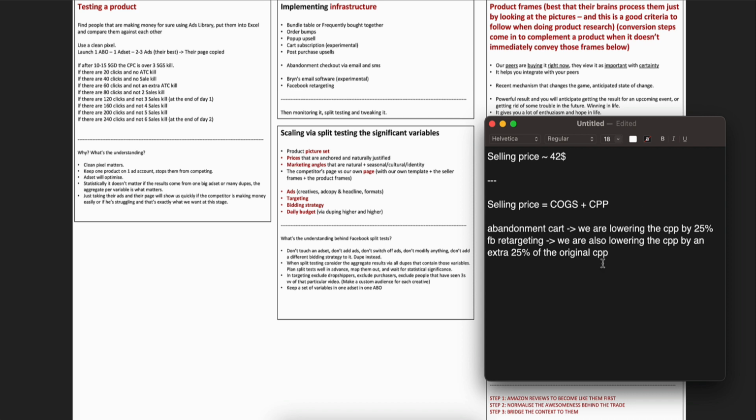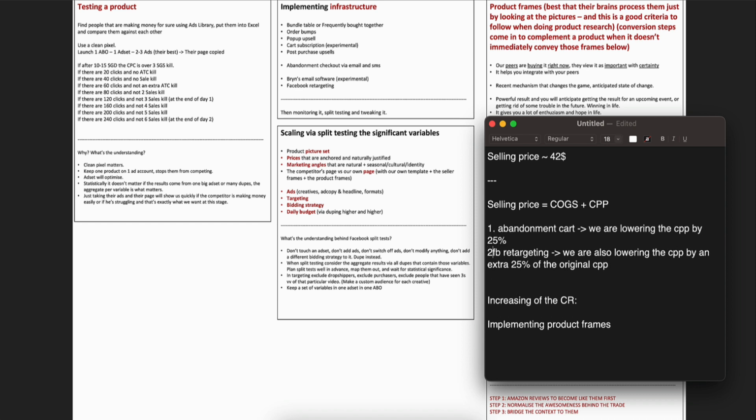What else is happening for the CPP? Well, we were talking in the last videos about implementing product frames. This is the increasing of the conversion rate aspect. So we have this going on in our favor, on top of the break-even situation.